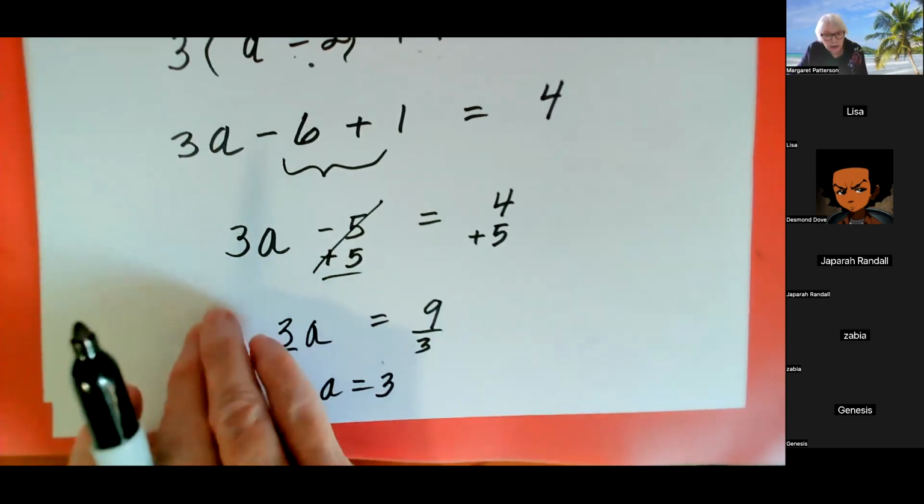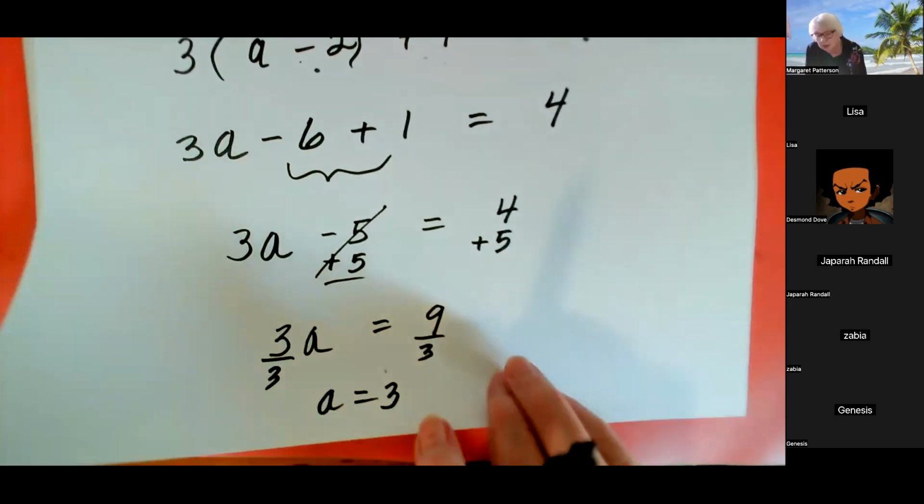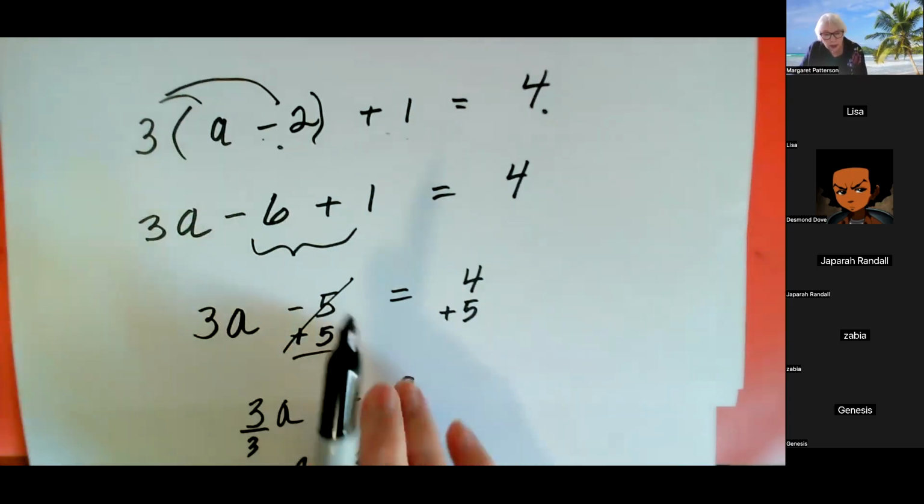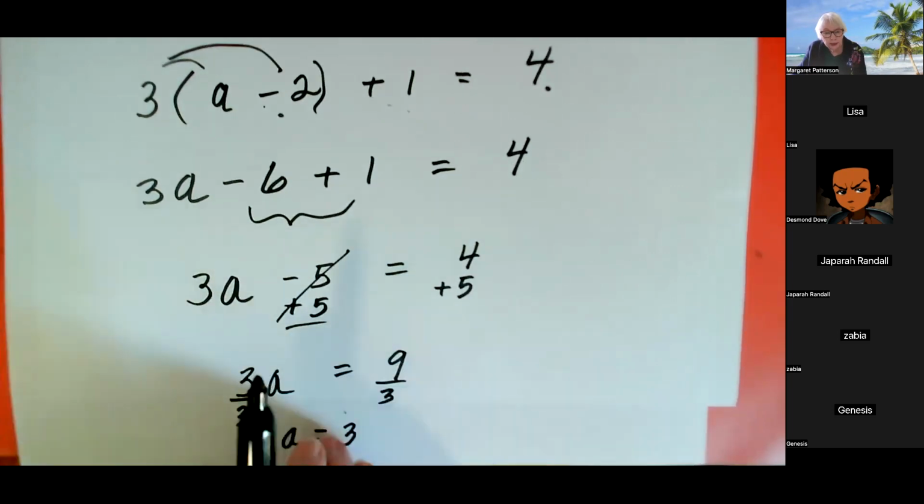Now, how can they make this harder? Let's say you're okay so far. You can distribute, you can combine, you can do 2-step problems. What could they do to make this a little bit worse?